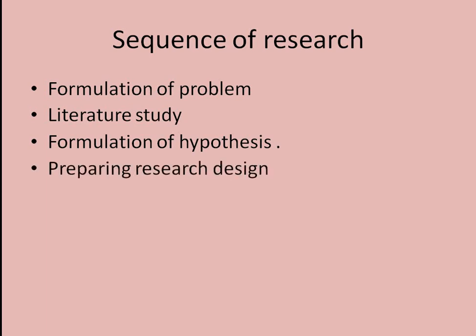Next is preparing research design. Research design means conceptual framework. Research design involves correct and appropriate information in order to find out the cost factor, time and effort. Next, collection of data. It is divided into two categories, primary data and secondary data.